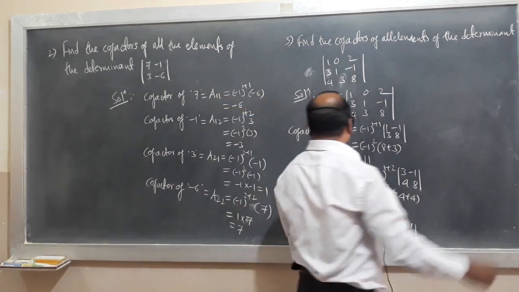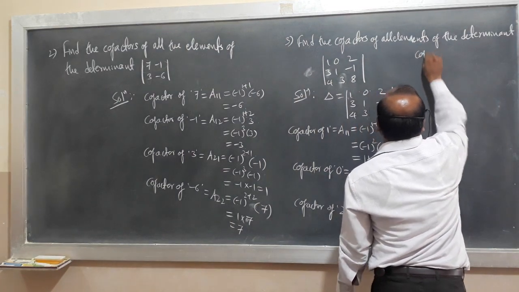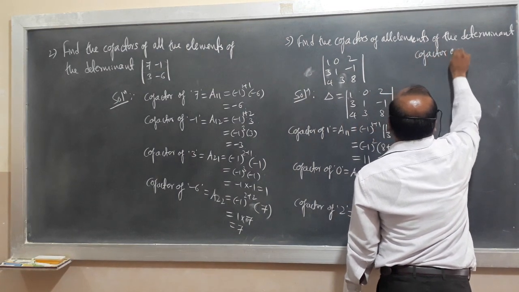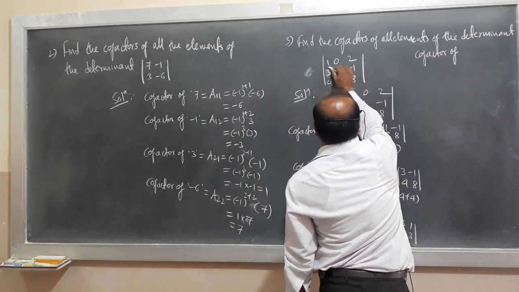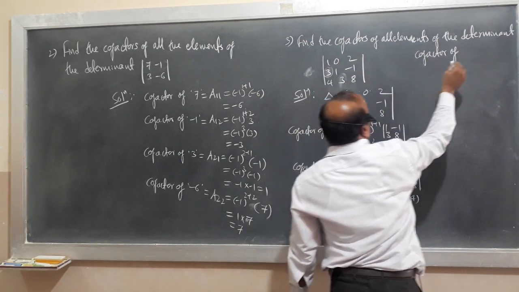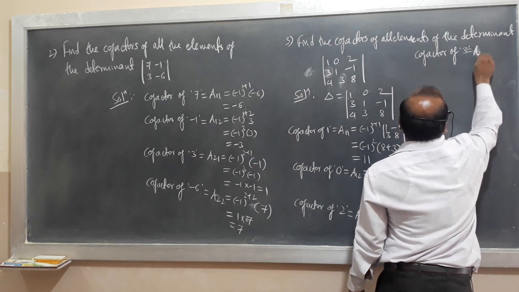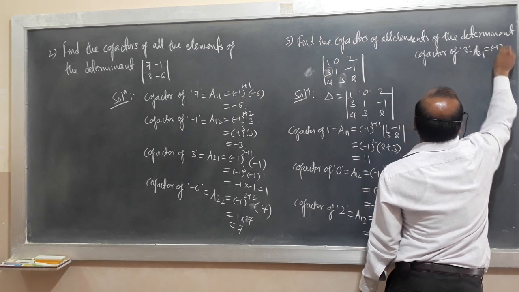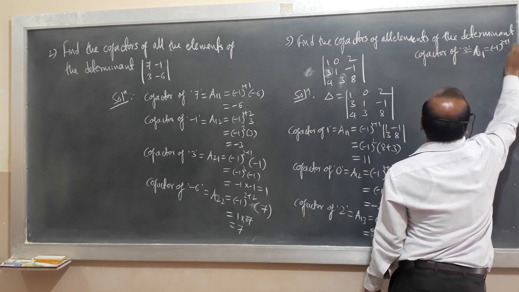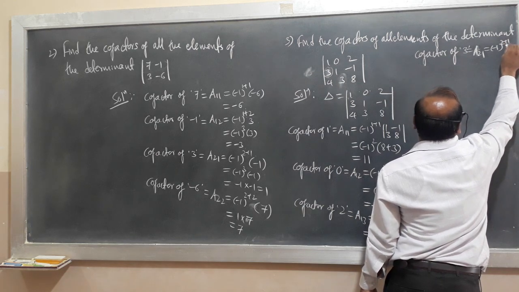Next, we go for the cofactor of element 3. It is given by a21. It is minus 1 power 2 plus 1 into minor.